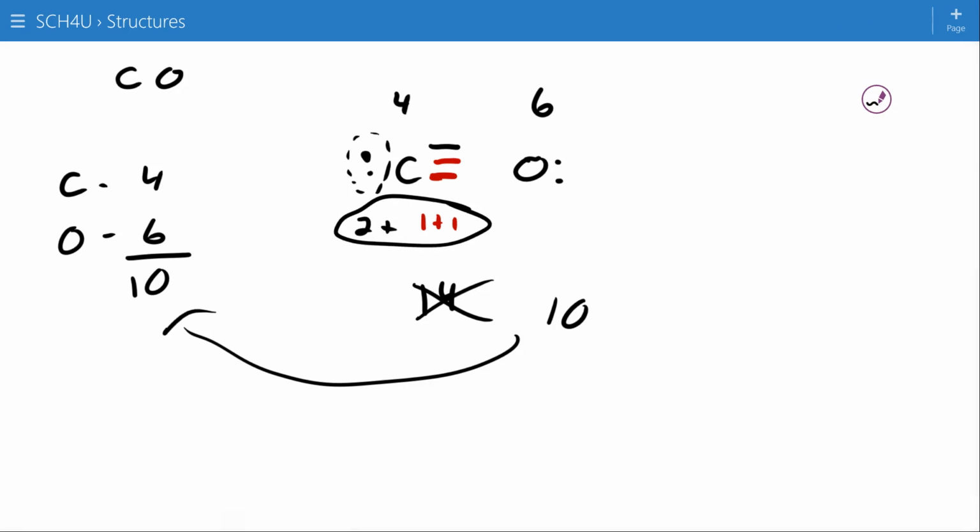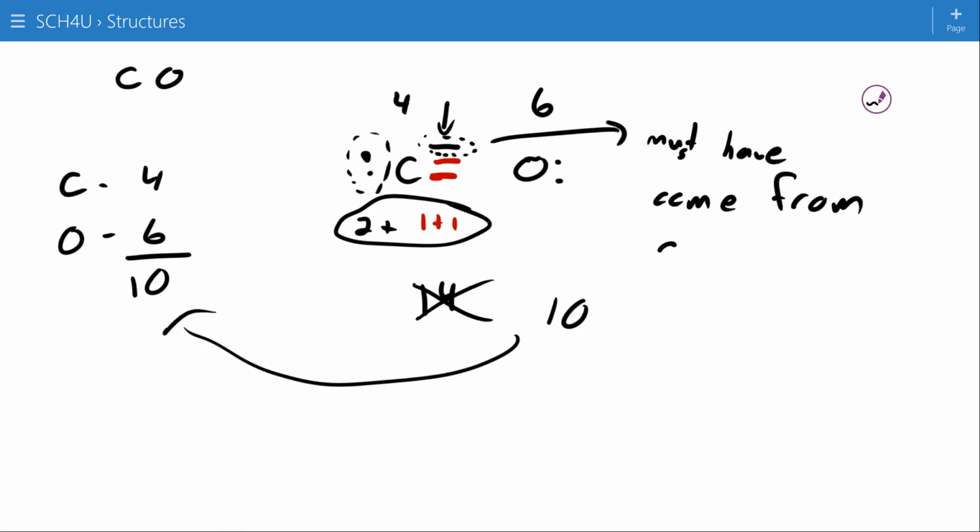There's my 4 electrons. Carbon doesn't have any electrons left over to contribute anything to this last bond. What that means is that both of the electrons that are involved in this final bond and the triple bond must have come from oxygen. Both electrons. That's pretty rare.